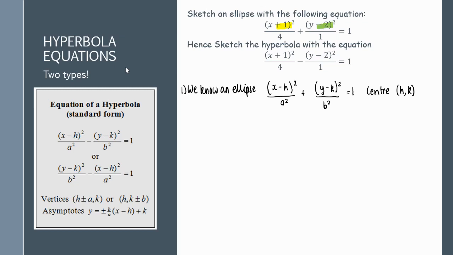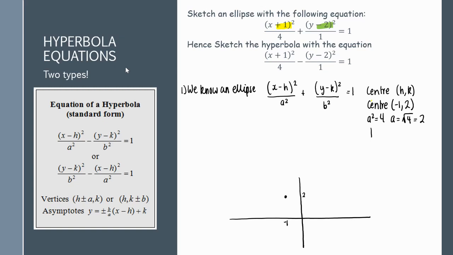So my h would be minus 1. And we also have y minus 2. So my k would just be 2. Therefore, we have center minus 1, 2. So I'm going to put that in. Basically, a good way to remember is whatever signs are inside the bracket, swap them, and that is what you'll get for your center.